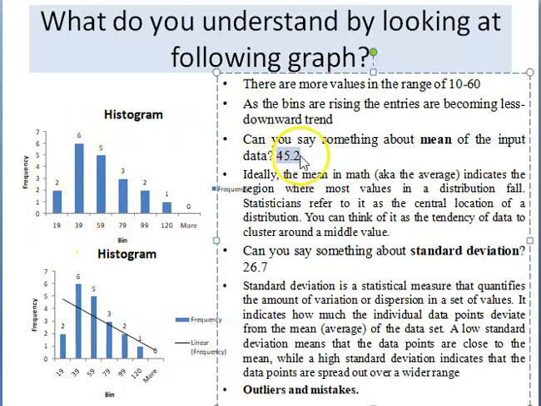Therefore the mean is going to be somewhere around 50. Then what is the meaning of mean? That more and more values are centered around this area. This is what the mean means. Then, what can we say about the standard deviation? That is how much data is deviating from the mean. So here we have a standard deviation of 26.7.